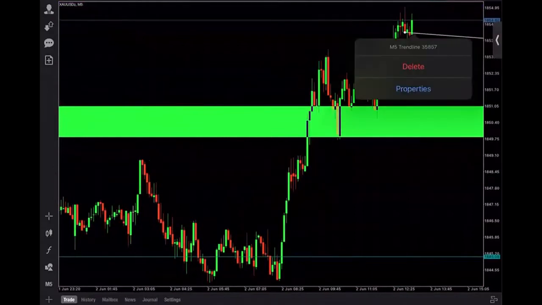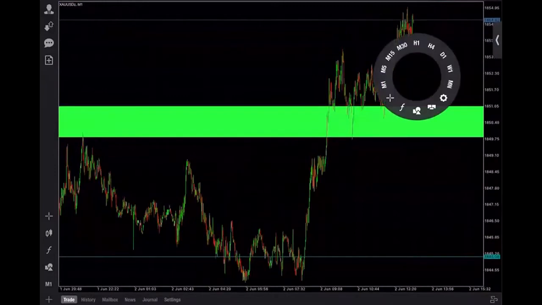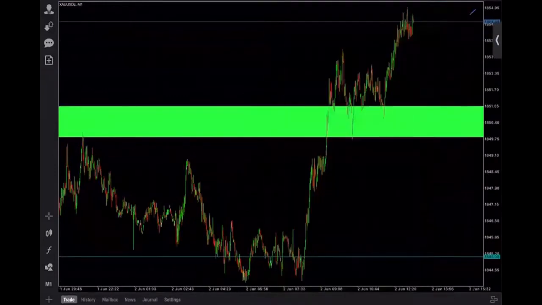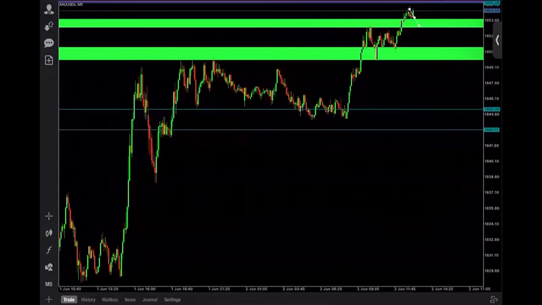I still feel like there's a chance for it to fly. If you guys want to try, you, for example, could enter here and put SL maybe here, 15 pips, 10 pips. Because this would be a breakout setup then.